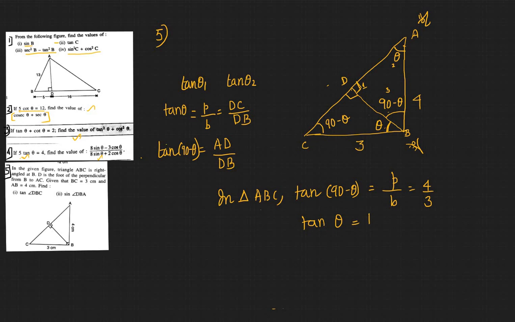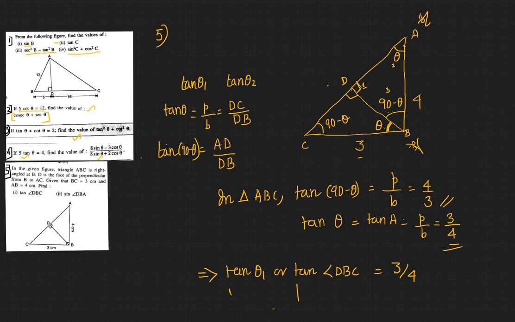So that's nothing but tan A equal to perpendicular by base, where perpendicular would be 3 and base would be 4, right? So that would imply that tan of theta 1, or tan of angle DBC, is equal to this angle. Now we know that tan theta is 3 by 4, so we can say this is 3 by 4.